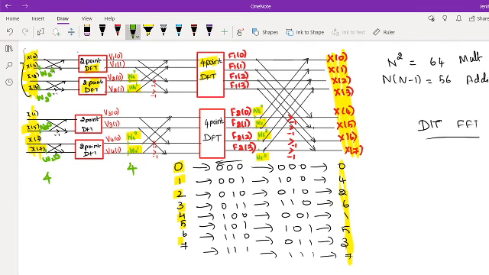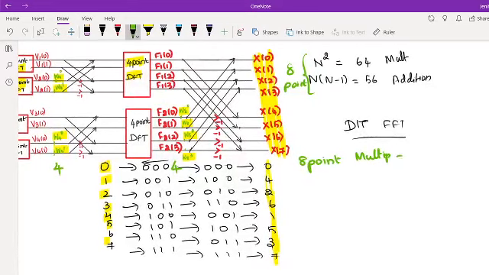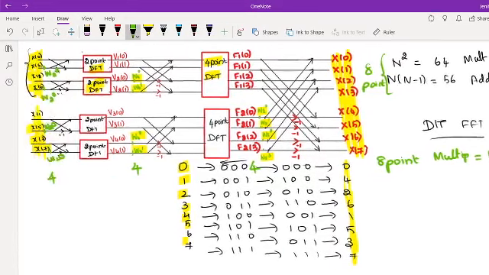So totally we have 4 plus 4 plus 4. For the same 8 points, the multiplications are only 12.